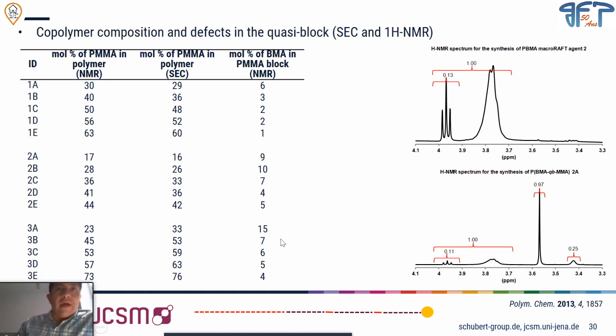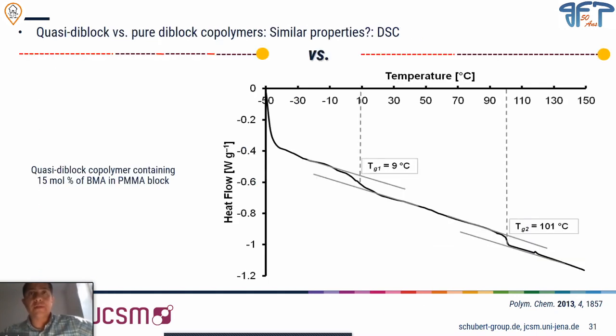In the worst case experiment of this series, we got up to 15% of BMA in the PMMA block. But you can further optimize this, of course, with some patience and some time. You can further optimize the system.